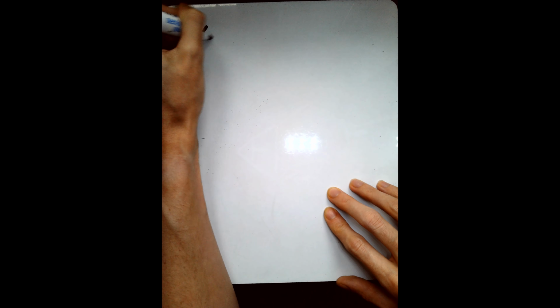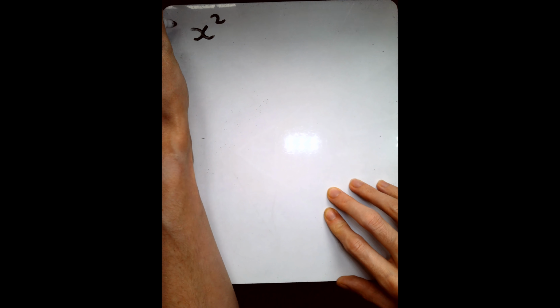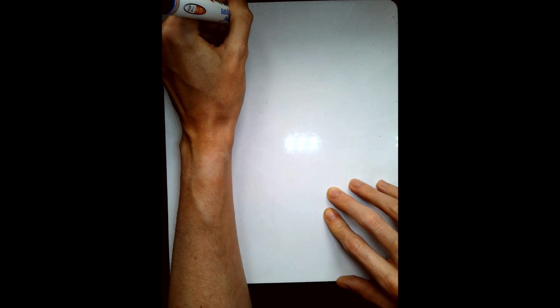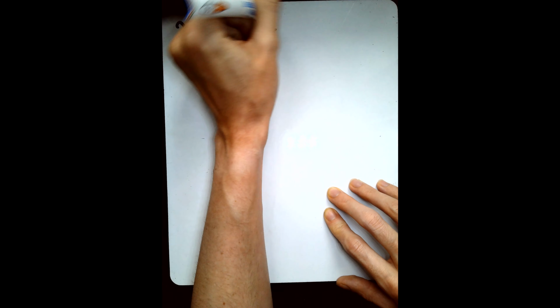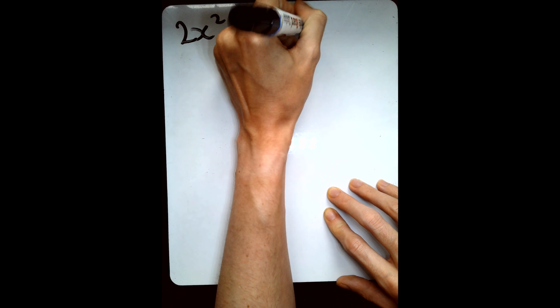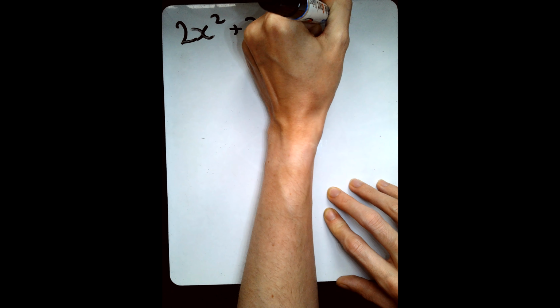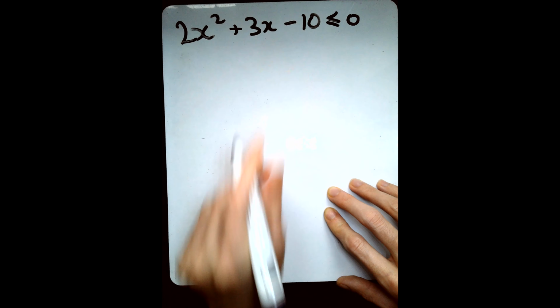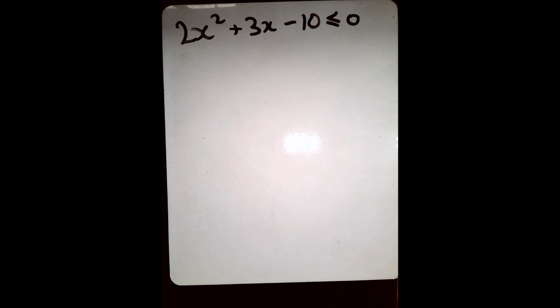So this time I'm going to make up one now which won't factorise, that I'm aware of anyway. So let's go something like 2x squared plus 3x subtract 10 less than or equal to 0. Okay, so it won't factorise.